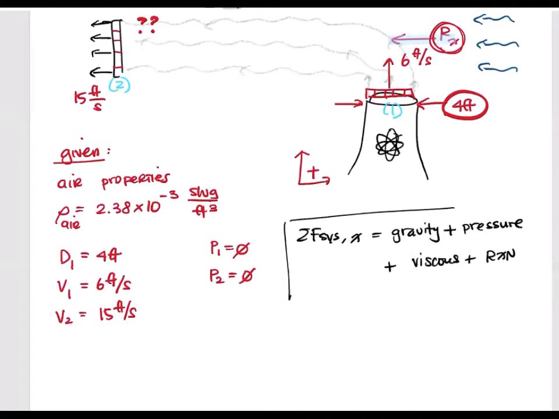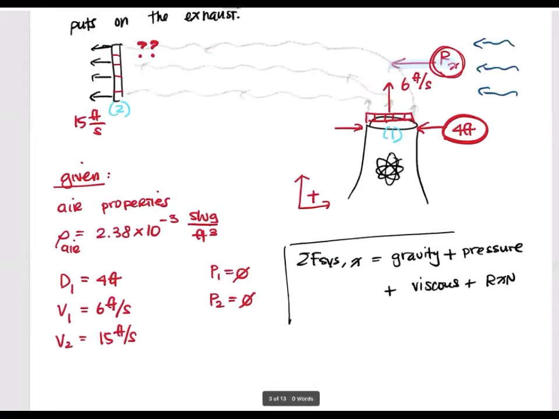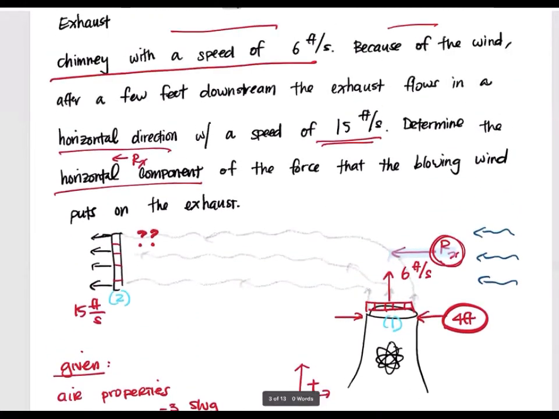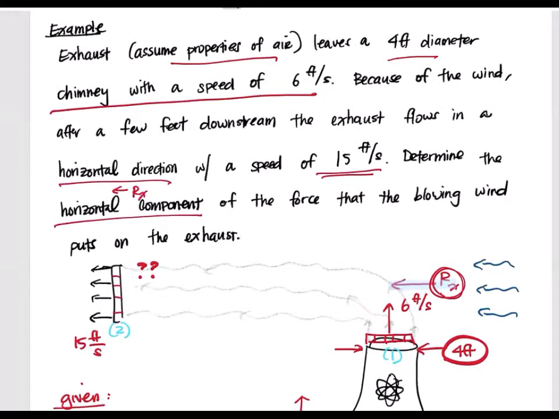Now, is there any information in the problem statement about the weight of the exhaust, or really anything? We're only considering the exhaust here, so we're going to draw our control volume to encapsulate the exhaust.